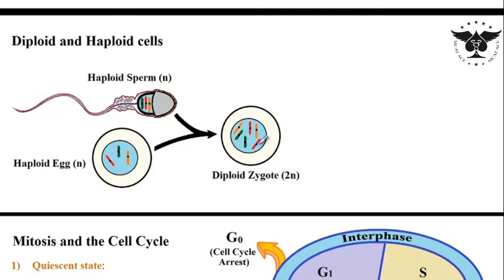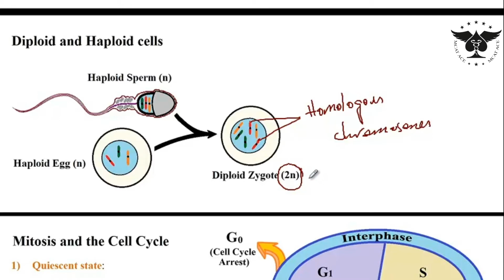It has a pair of red chromosomes, a pair of orange chromosomes, and a pair of green chromosomes. So these two red ones, for instance, are homologous chromosomes. And since there are two copies of each chromosome, these are called diploid cells or 2N.